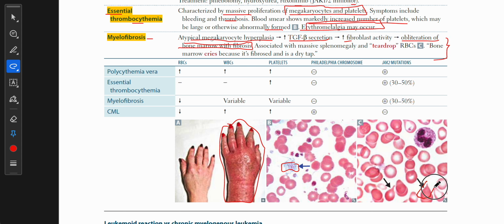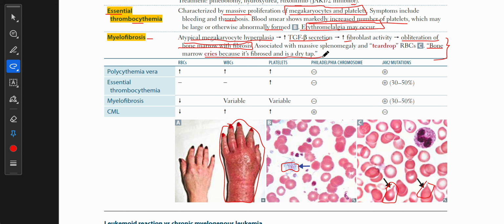These teardrop RBCs, we also call them dacrocytes, and bone marrow aspiration gives a dry tap because it is fibrosed. So in bone marrow aspirate, we see teardrop cells. It is due to mechanical stretching of these RBCs, like mechanical squeezing out of these RBCs. That is what actually occurs.